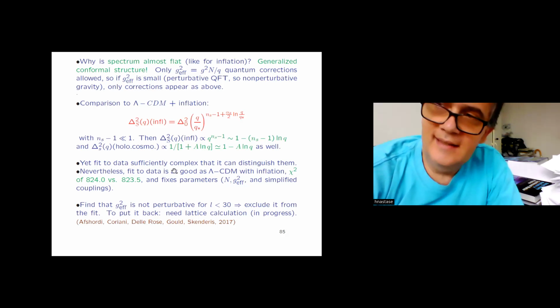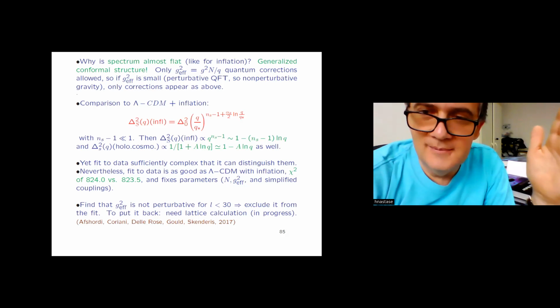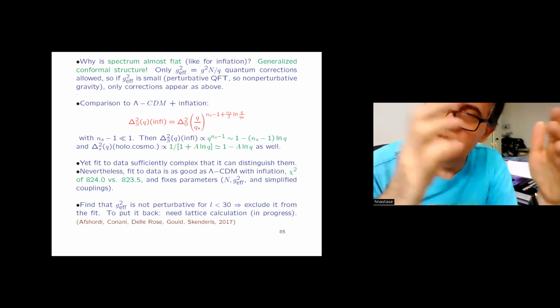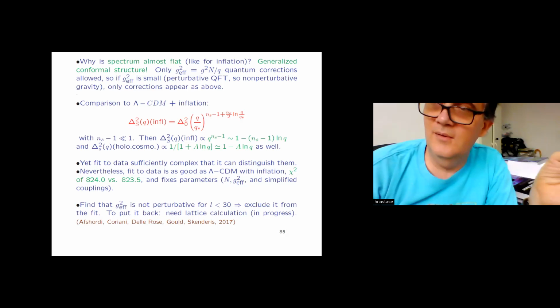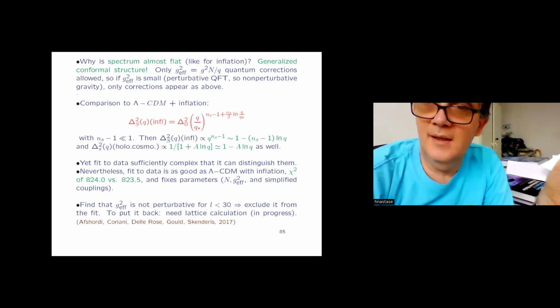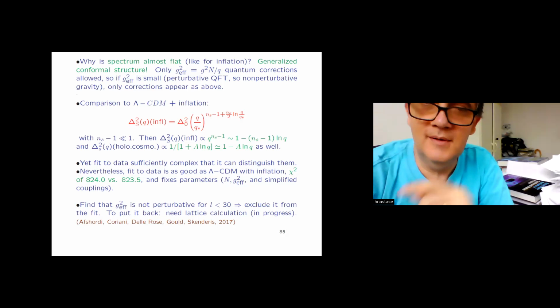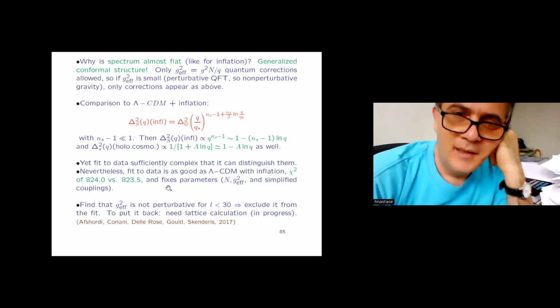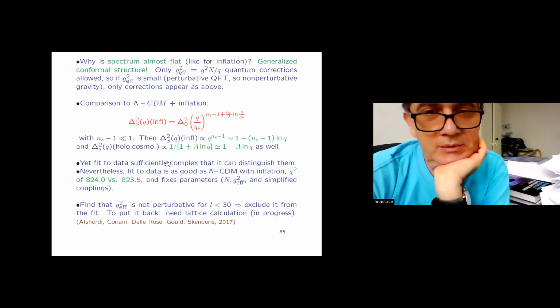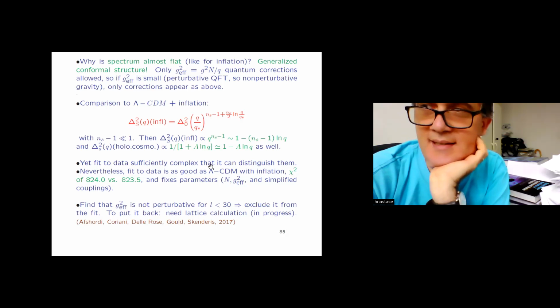But the point is that the data is sufficiently complex that they could in principle distinguish them. The CMBR fluctuations are now calculated to very precise numbers, and we have to fit all this acoustic curve with that.